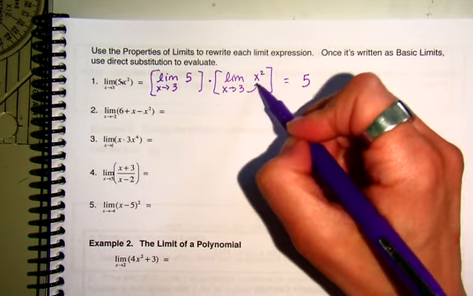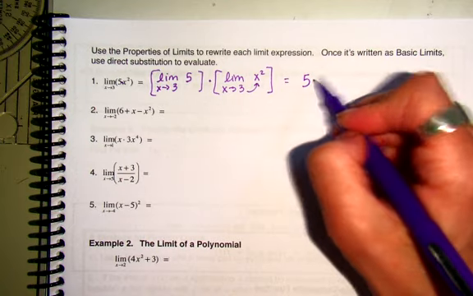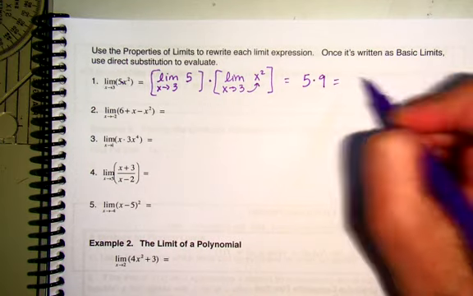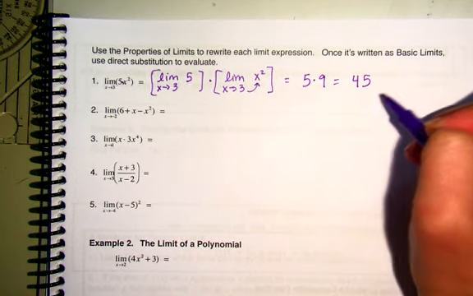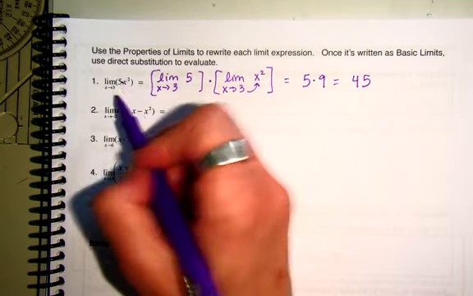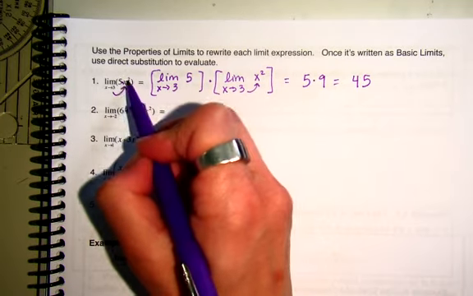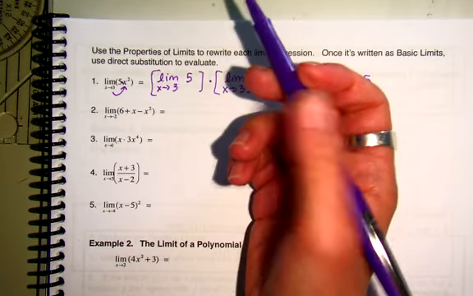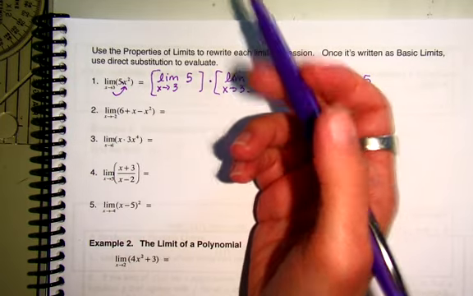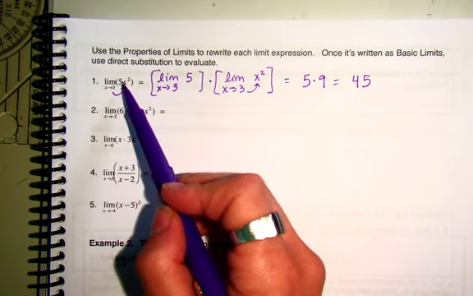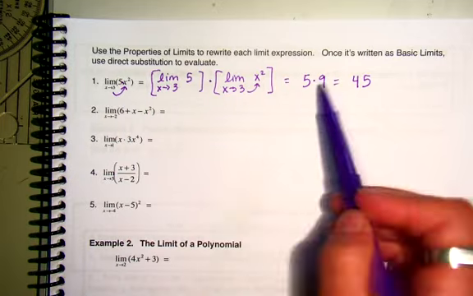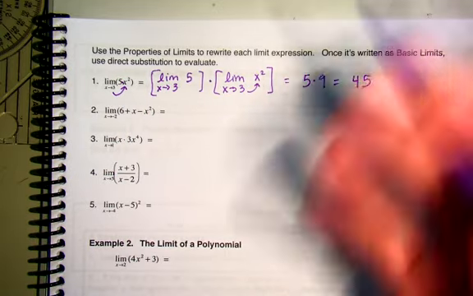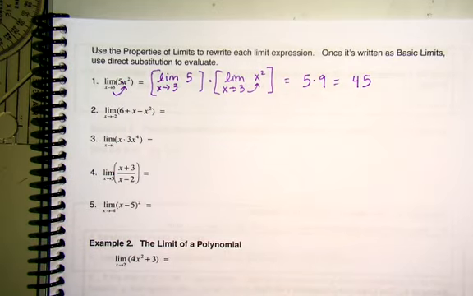We'll plug in 3. 3 squared is 9. And my answer is 45. A lot faster: just take this 3, plug it in here, and you're going to get the exact same answer. As you are doing these on your homework and practicing them, you're just going to directly substitute them in. But what I'm showing you is where this comes from. It comes from the fact that product does carry over to limits.